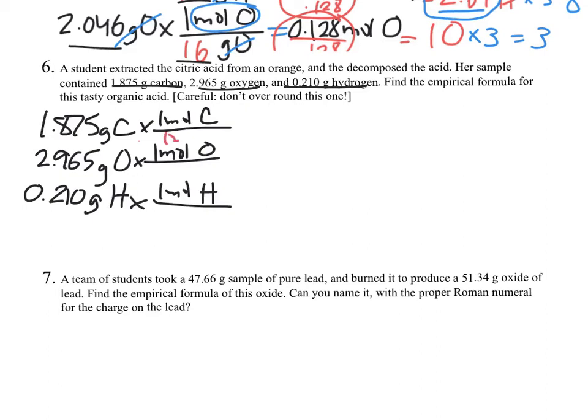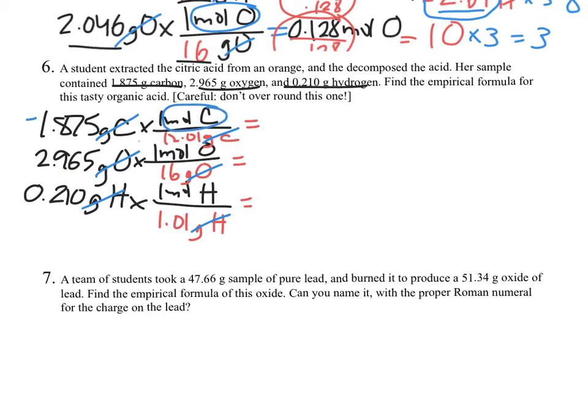So that's 12.01 grams for carbon. Oxygen is always 16 grams per mole, and hydrogen is always 1.01 grams. If I do the math on that, and we've walked through this many times, grams of carbon cancel, grams of oxygen cancel, grams of hydrogen cancel, and you're left with the units you're looking for, which is moles.